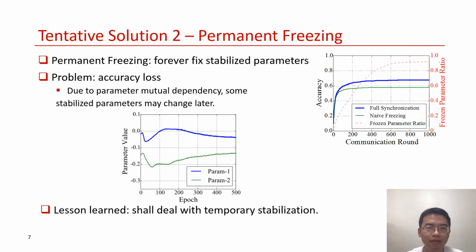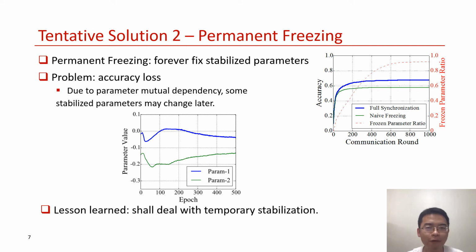The second solution we try is permanent freezing. That is, once a parameter becomes stable, we would no longer update it anymore. However, as shown in the top right figure, this method does not work either. Regarding the reasons behind, we find that some parameters only stabilize temporarily because of the complex interactions between different parameters in the model.